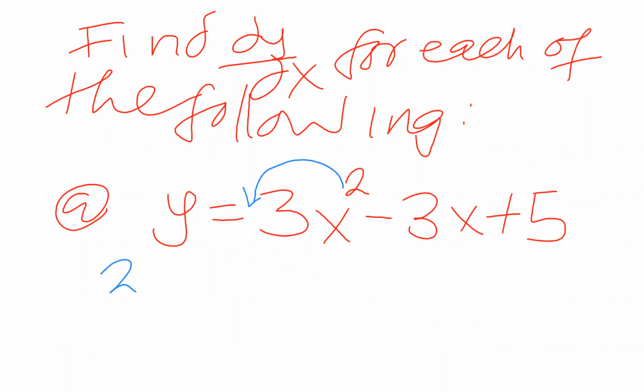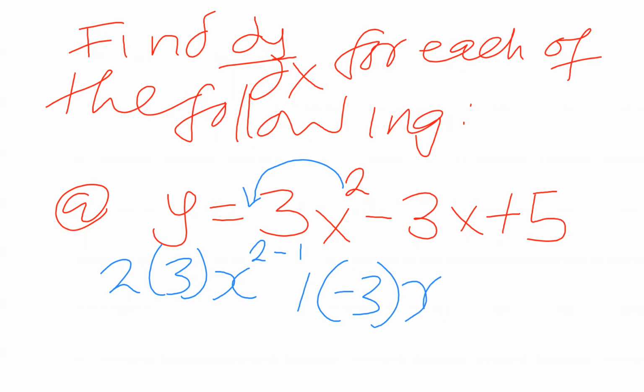So you have 2 multiplied by 3, x to the power 2 minus 1. We know that in 3x, x is raised to the power 1. So it is basically dropping this 1, which is the exponent, multiplying by -3, keeping the variable the way it is, x to the power 1 minus 1.